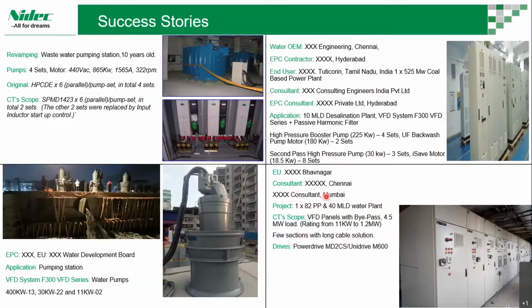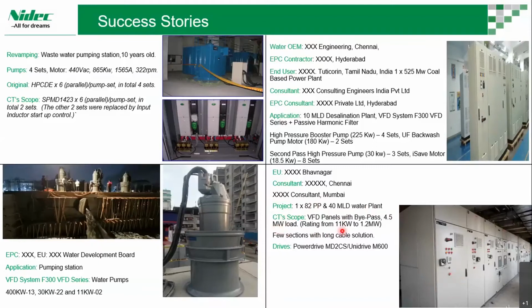The engineering consultant is in Chennai, and the EPC consultant is in Mumbai. The project is a 1 into 82 megawatt power plant with a 40 MLD water plant, which has a byproduct of salt. This is again the cubicle, the longest cubicle, manufactured in our Chennai factory in India.